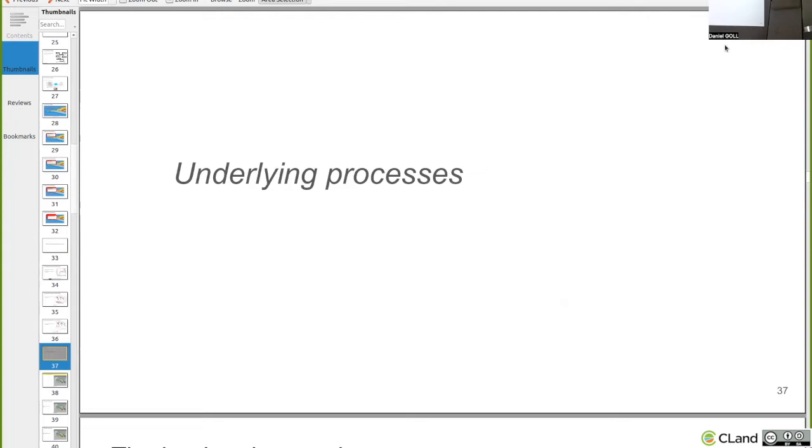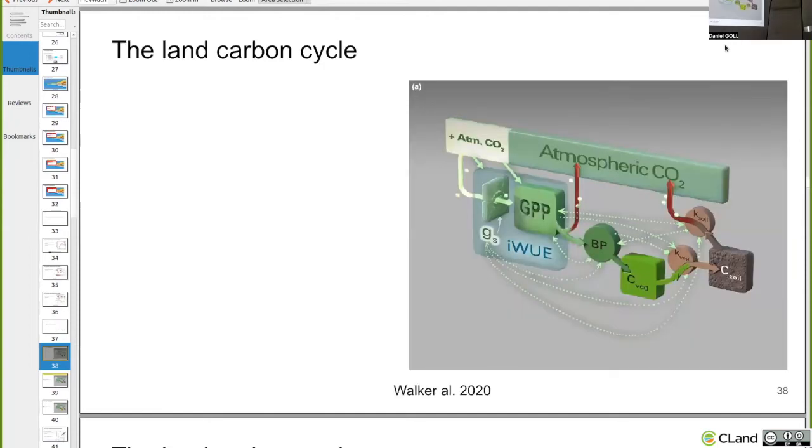As I'm applying process-based models, I can also look at the respective processes and how they link with phosphorus, and I now focus on the carbon processes which are related to the land carbon sink. The land carbon cycle can be illustrated very simplistically by this figure from Walker et al., where atmospheric CO2 is taken up by plants in the leaves, and then in the process of photosynthesis is fixed to produce carbohydrates with the use of light energy.